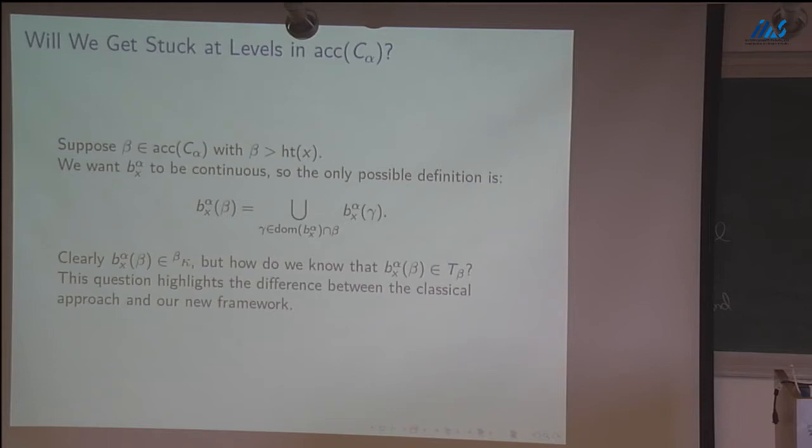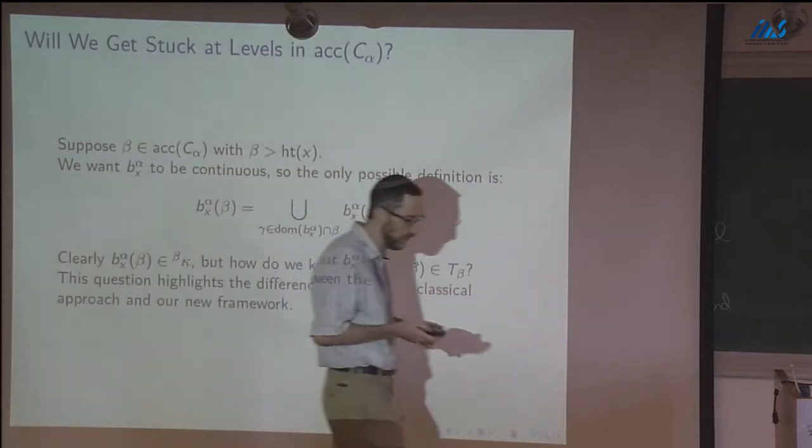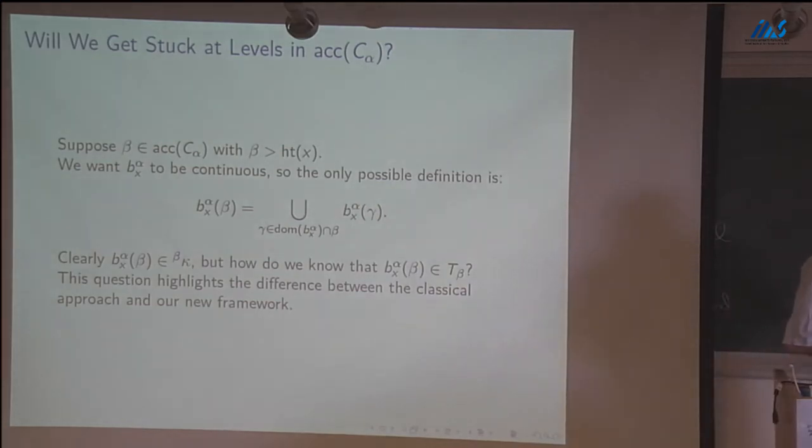And so again, we want it to be continuous. The only possible definition is taking the union, and that is at the right level, but how do we know it's in the tree? We might get stuck. So this question actually highlights the difference between the classical methods and our method, because in the classical method, with Jensen's tree construction, it is precisely this question that imposes limitations on what kind of axioms you had to have started with in order to get a Souslin tree.